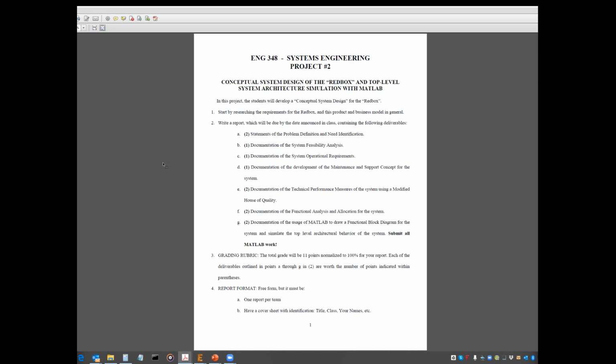So I need a block diagram. Just one block diagram would be okay. At the system level, it needs to be the type of block diagram that System Composer wants. So that's what part G of the project is for you to go into MATLAB System Composer and draw.